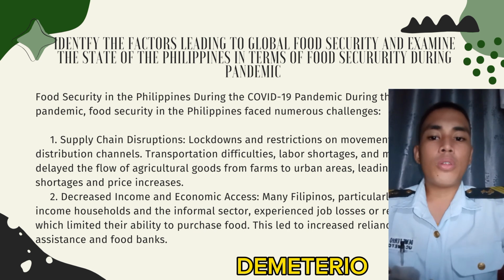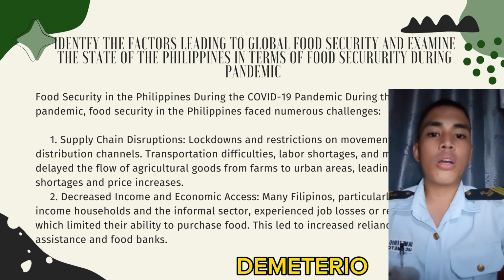The pandemic also limited the availability of farm labor, particularly migrant workers, impacting agricultural production. Farmers struggled to sell their products due to reduced market access, transportation limitations, and fluctuating demand.